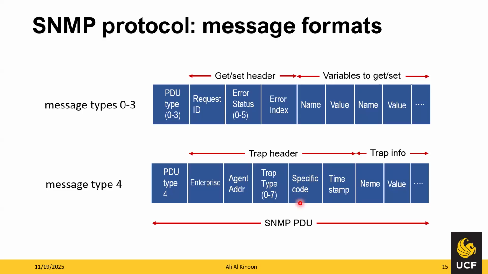We also have a timestamp of the given message, and a name and a value. The timestamp helps let the manager, or the server, know when the event took place.